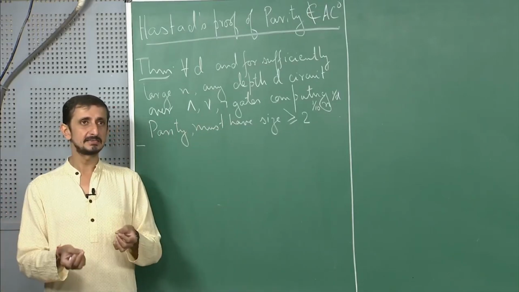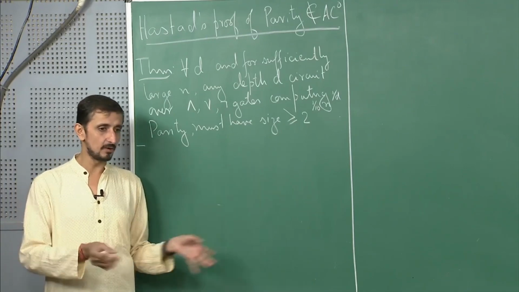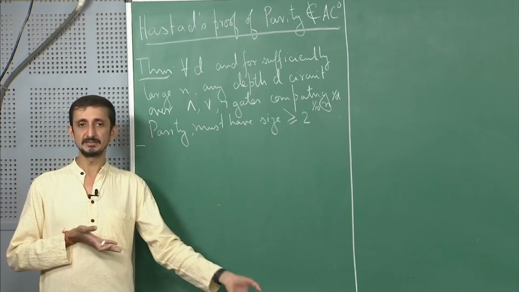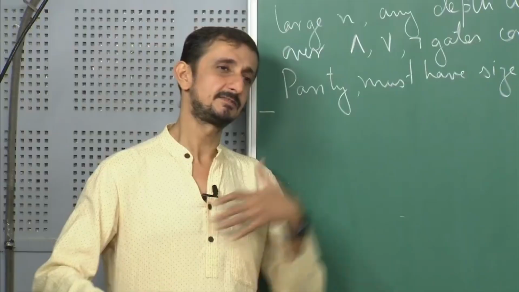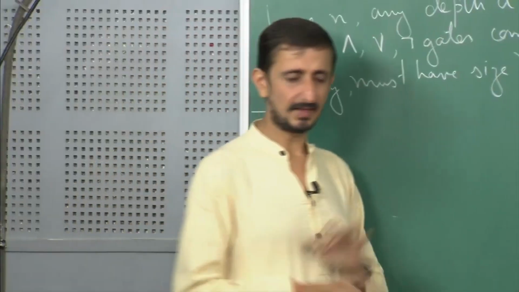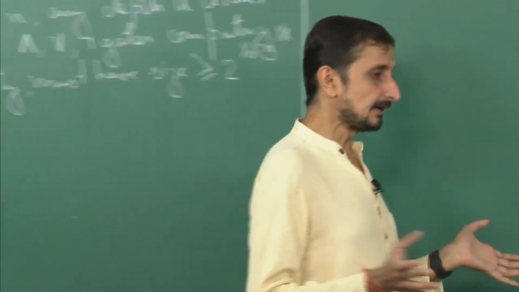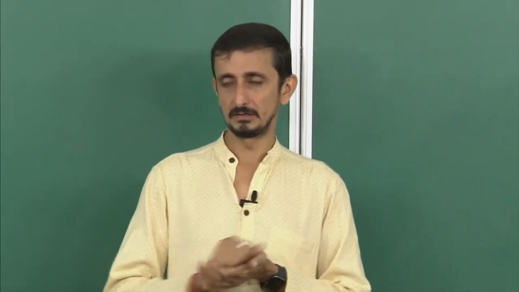Okay. For example, if I allow the circuit to have mod 3 gates, even then parity is not computable, and not just 3, also 5, anything like that. So, the result can be generalized much more using the polynomial approximation method.